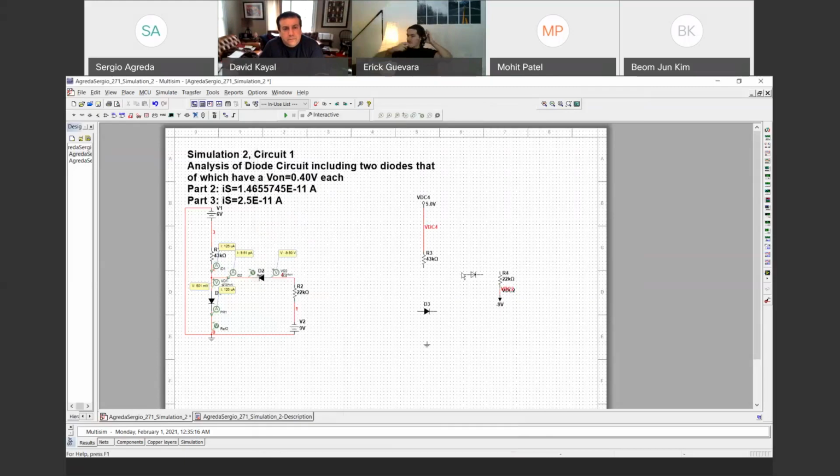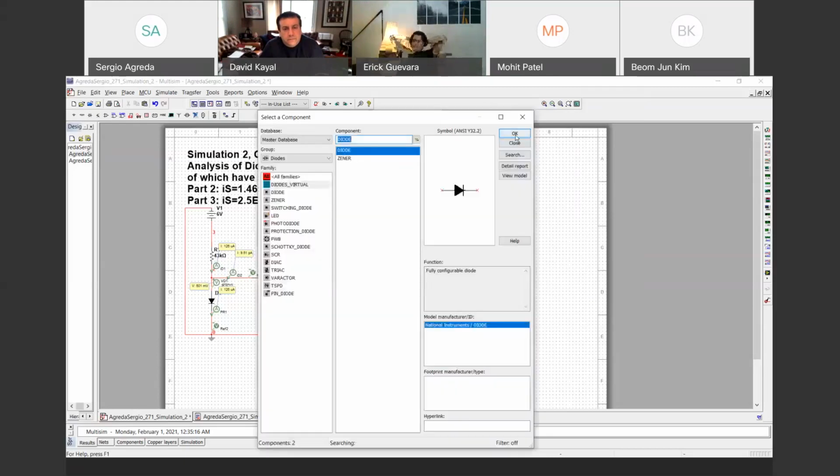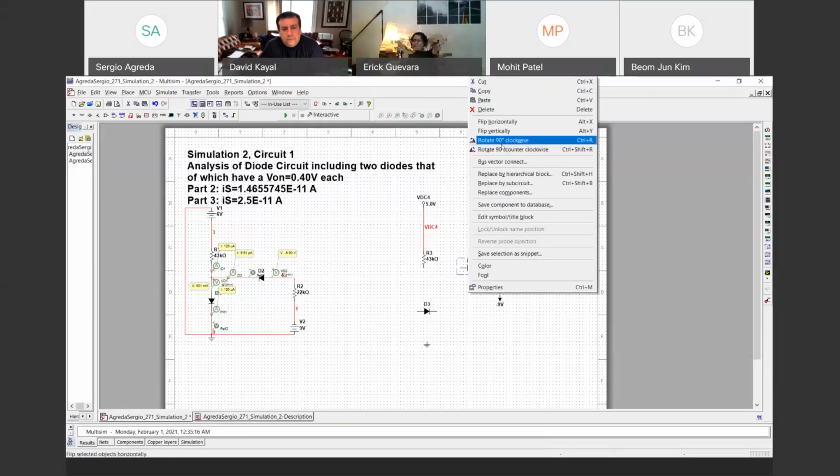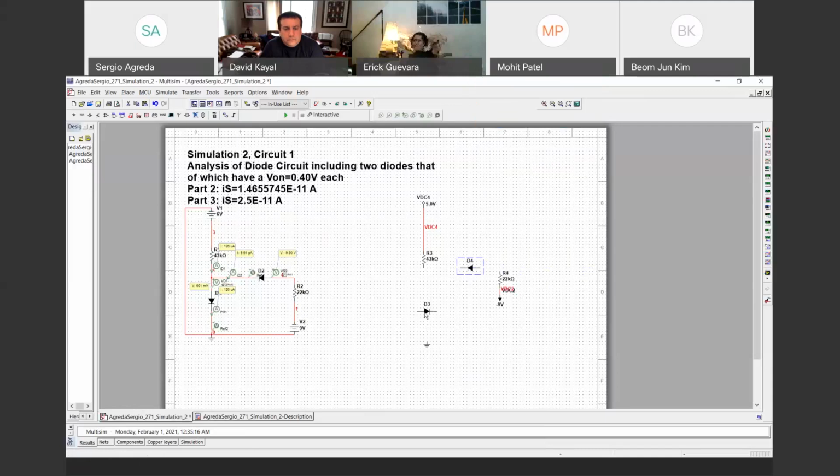So we'll choose 2 diodes for the moment to construct the circuit. Flip this and turn this clockwise. Okay.